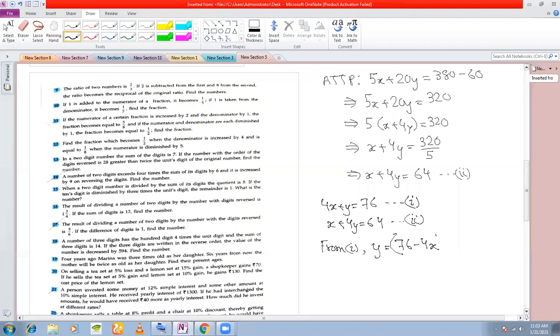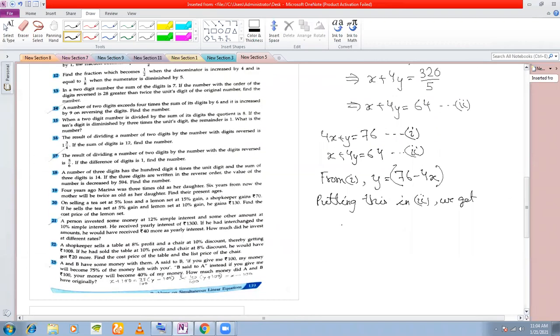Putting this into the second equation, we get x plus 4 times (76 minus 4x) is equal to 64.